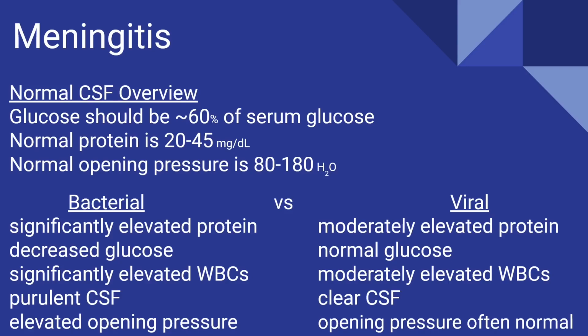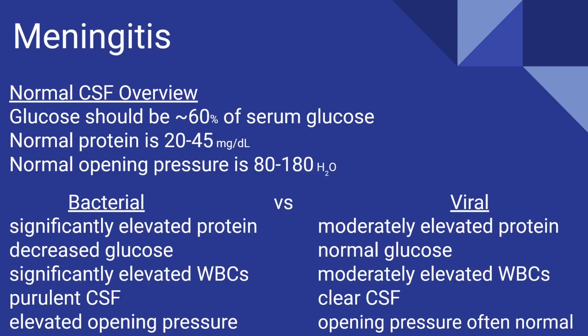The cells that are used to destroy bacteria are made up of proteins. So when we see bacterial meningitis and we do a lumbar puncture and examine that fluid, we see a lot of bacterial and cell debris. So we'll see a lot of extra proteins within that CSF.